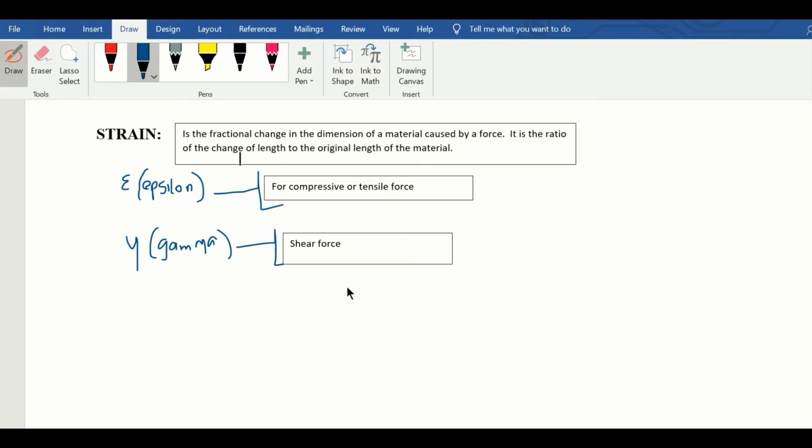So strain as it relates to tensile and compressive force is equal to x over L. The x is the change in length, or it can be called the extension, while the L is the original length. Please don't forget this.